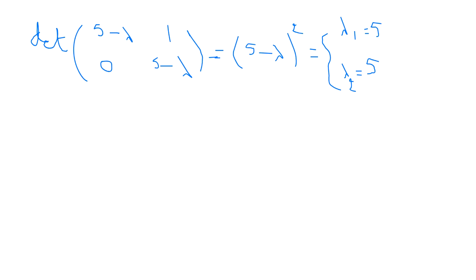For the second one, the determinant, here again, 6 minus lambda, minus 1, 1, 4 minus lambda. If you work on it, you get 6 minus lambda times 4 minus lambda, and you get a plus 1.